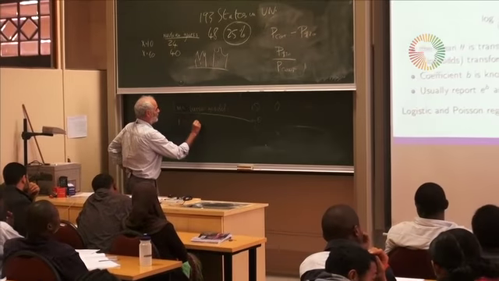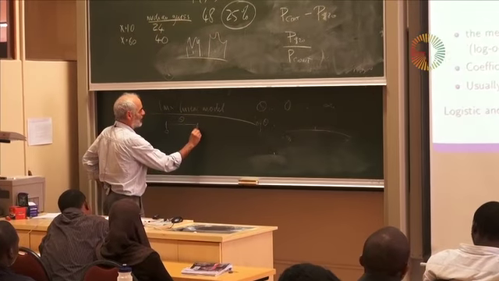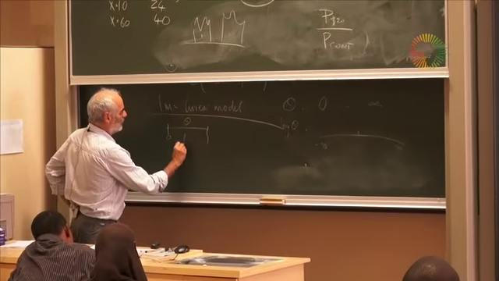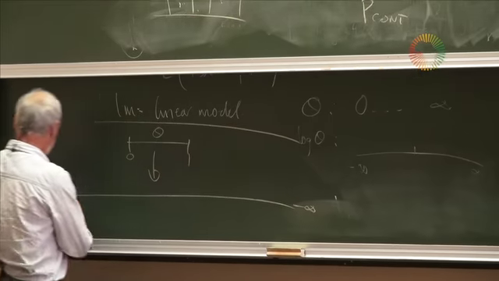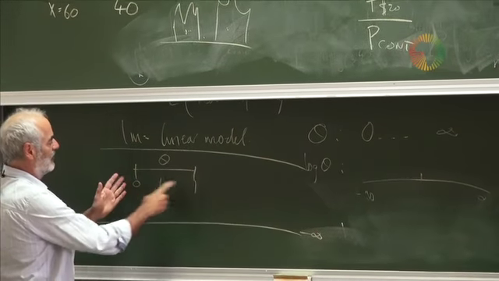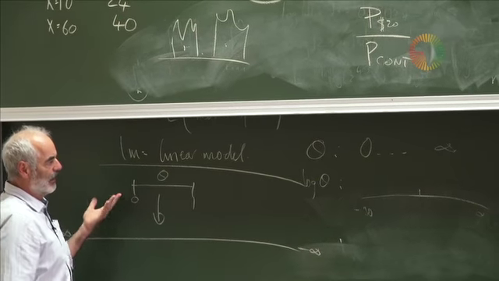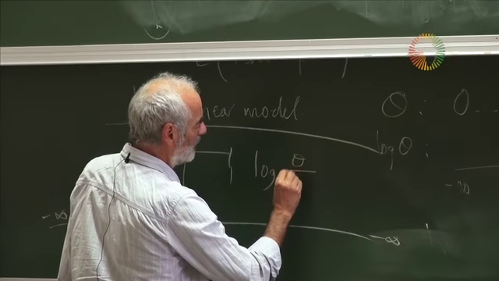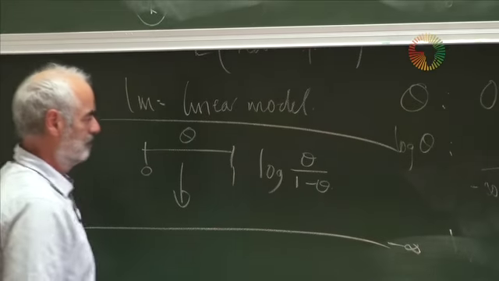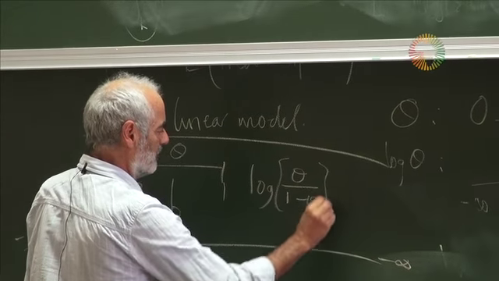And what do we do when we've got a parameter theta between 0 and 1? And we want to map it onto the whole real line between minus infinity and infinity. What function can we use? And it turns out the odd thing is we use this log of theta over 1 minus theta. It's known as the logit function.